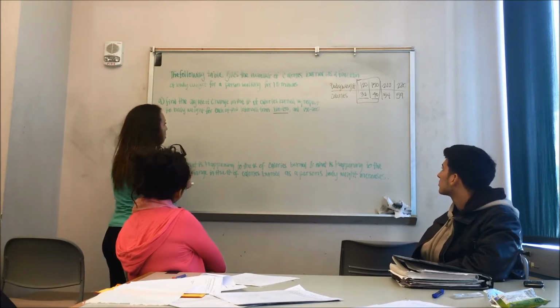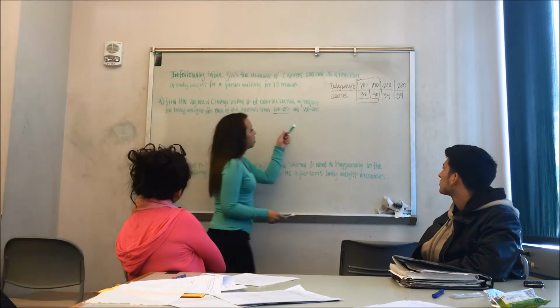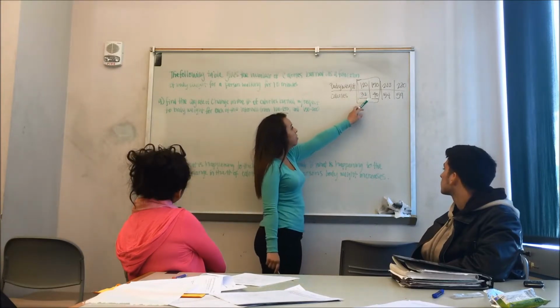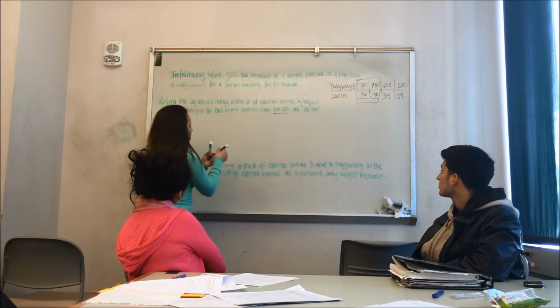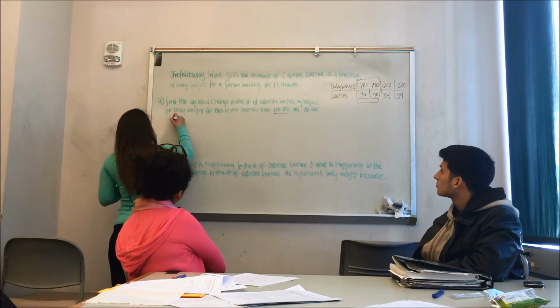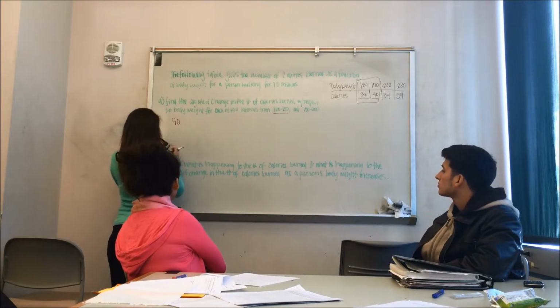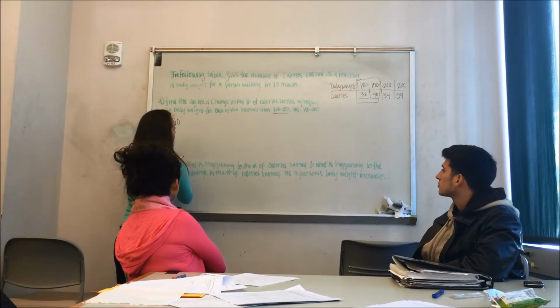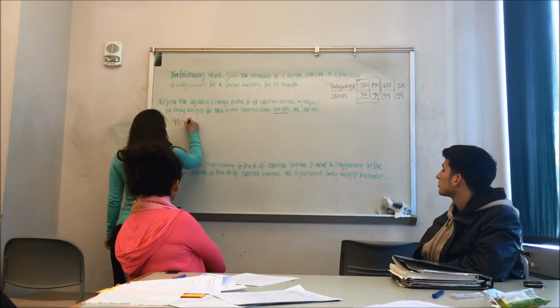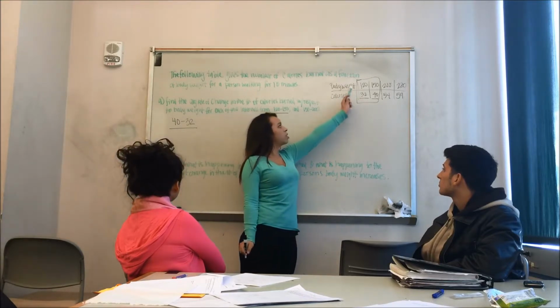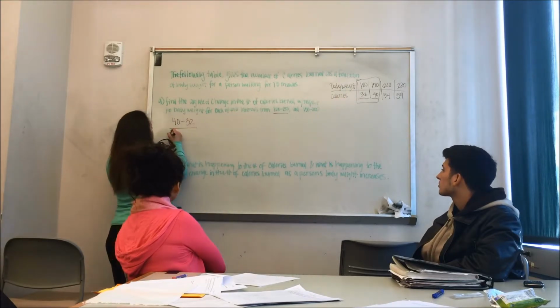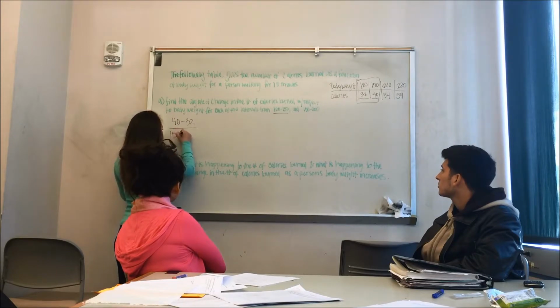Okay, so for the first part, we're gonna do the interval of 120 to 150. So we're gonna take the 40 calories for a person who weighs 150, and we're gonna subtract 32, because that's how many calories is for a person who weighs 120. And then in the bottom, we're gonna subtract 150 and 120.